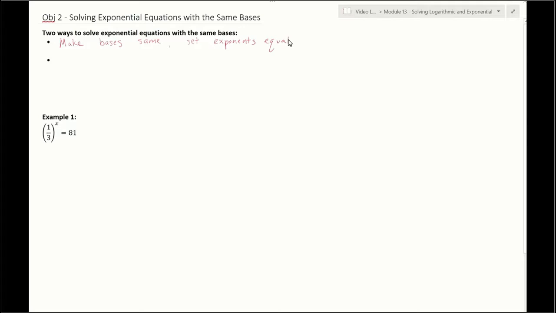So we can see already this may have a limitation. We would only be able to solve it if the bases are the same. But that's okay. In this section, they're all going to be the same.